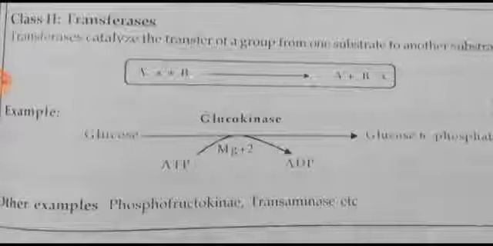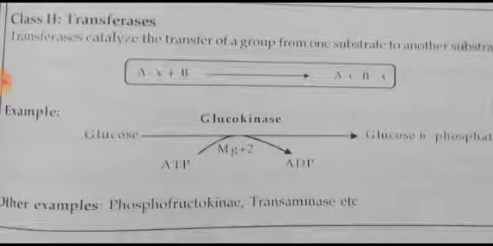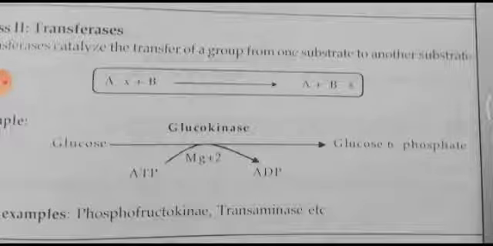So this type of transfer of a chemical group is performed by transferase enzyme. And a specific example: glucose to glucose 6 phosphate, ATP is converted to ADP. If you consider glucose as B and ATP as A. ATP means adenosine triphosphate, tri means 3 phosphates, and it is converted to ADP, adenosine diphosphate, with only 2 phosphates.